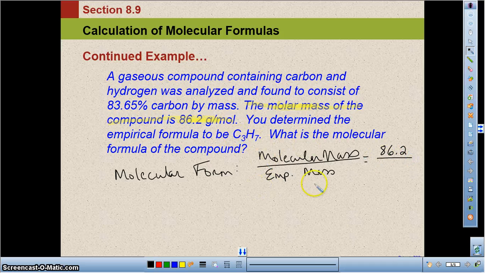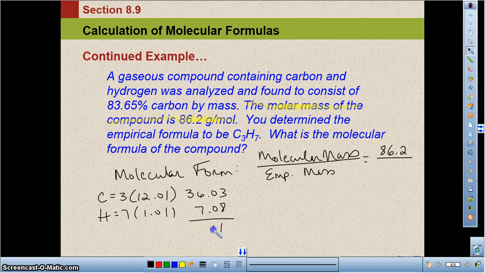We now have to calculate the empirical mass of C3H7, just like we've done before, nothing new at all. So the empirical mass is 43.11.